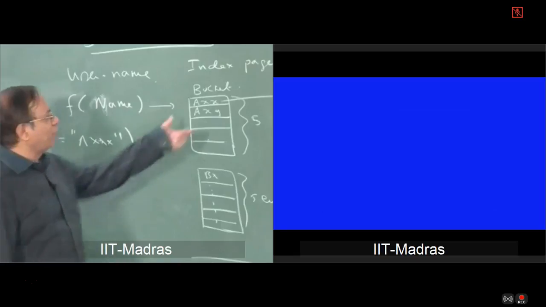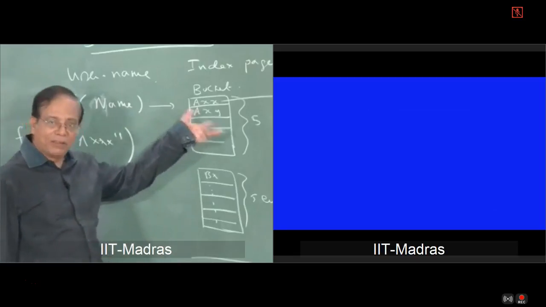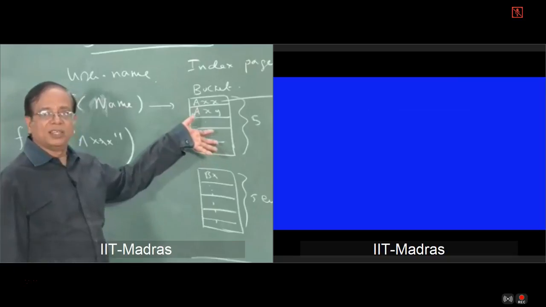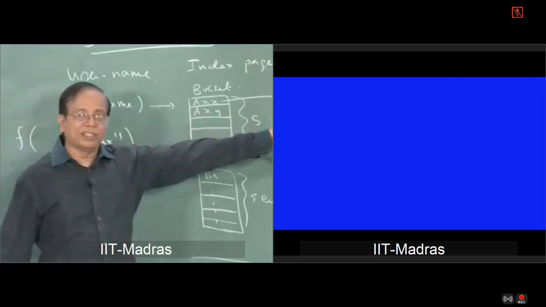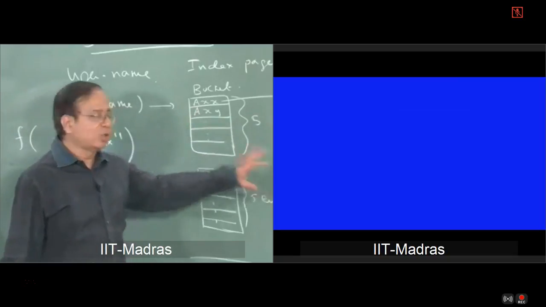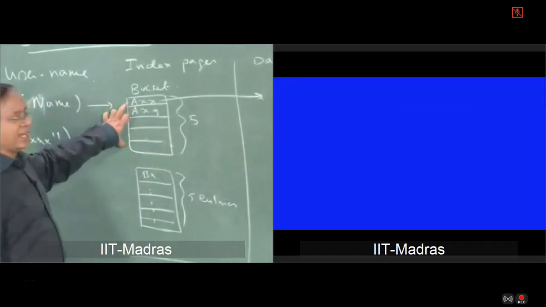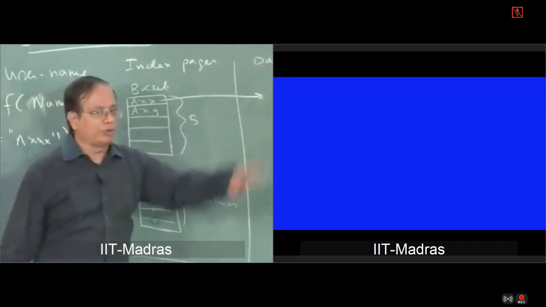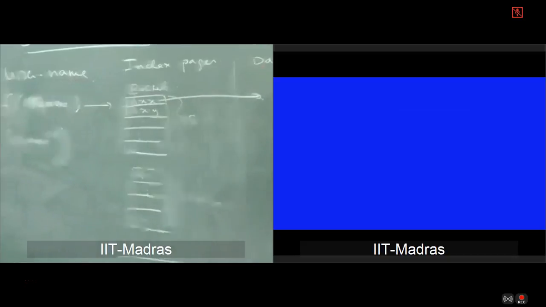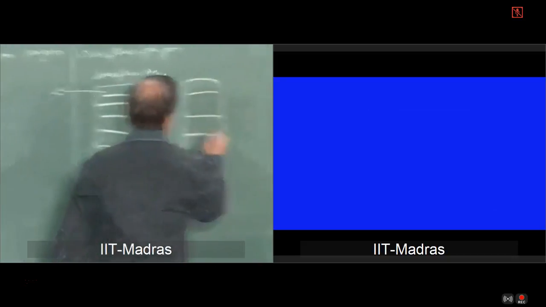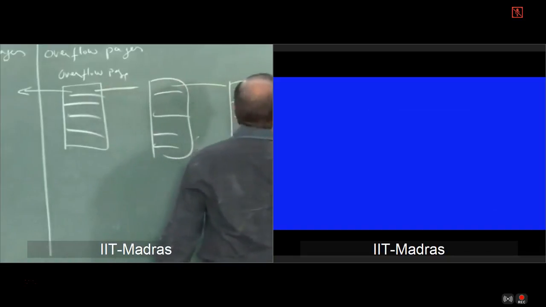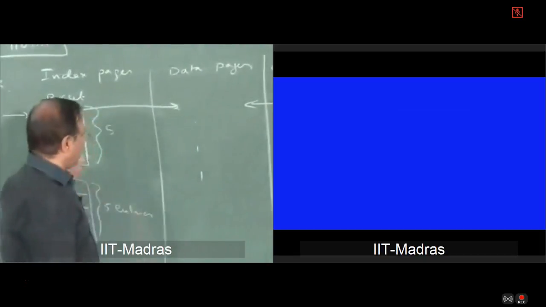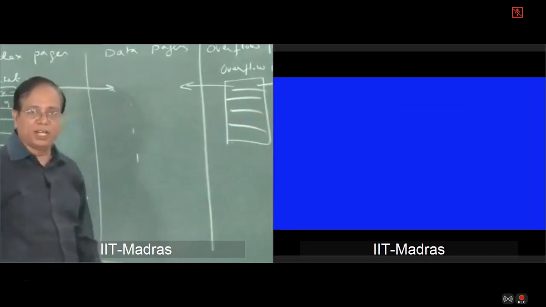This hash function will now map it into this bucket. Only 5 entries can be stored in this bucket. All the remaining entries are going to be in the overflow pages. So what will you do now? You come here, search here, and get into the overflow pages. And there is going to be a long overflow chain here. Now there are no more entries here; the overflow chain is the one which is very, very long.